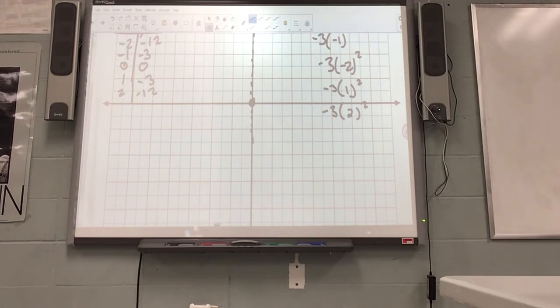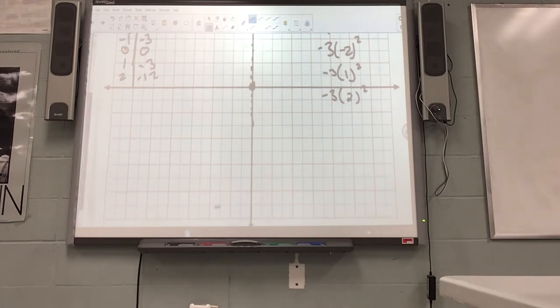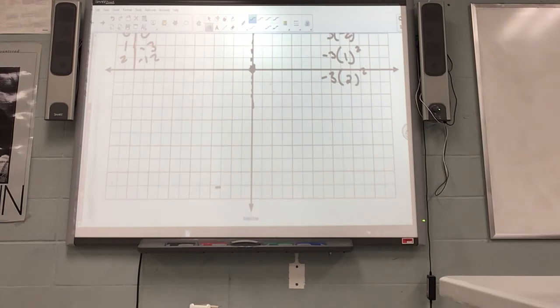Put a little line there so I know that's at 9, 10, 11, 12. Okay, I also had 2, negative 12, so while I'm down there, let me make that one. Then I had negative 1, negative 3, and I also had 1, negative 3.